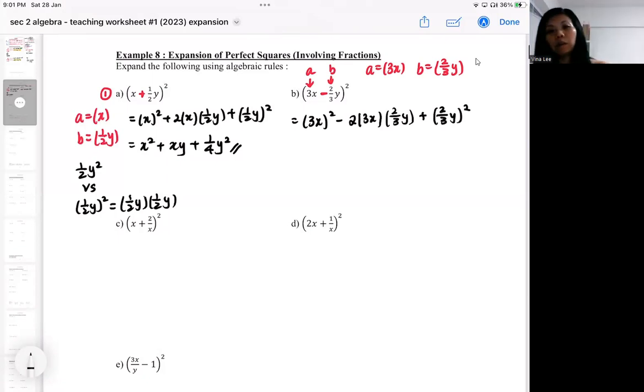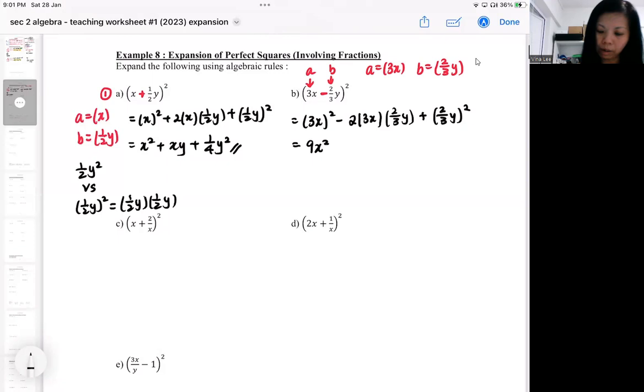As I plug into the formula, all my A and B have brackets. Again, be careful. You will get a 9x squared. In this case, you punch your calculator: 2 times 3 times 2/3. You will get a 4. And here, you will get a 4/9 y squared.